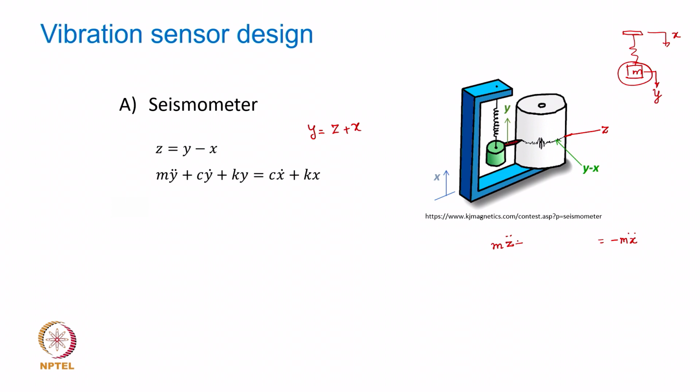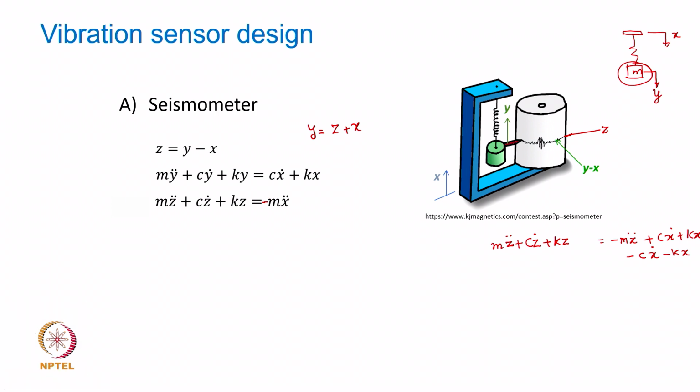Now, plus you have c z dot plus k z, and then again plus c x dot plus k x, which we already had, and then you have minus c x dot minus k x. So, by rewriting this equation, substituting for z, I am going to get this expression. Okay. This m x double dot should have been minus m x double dot.